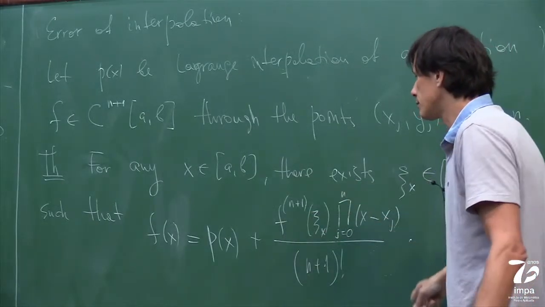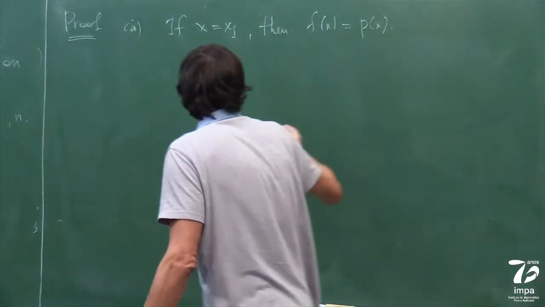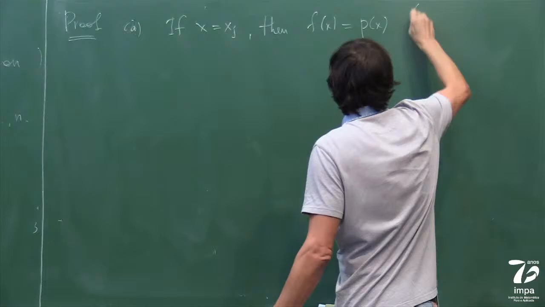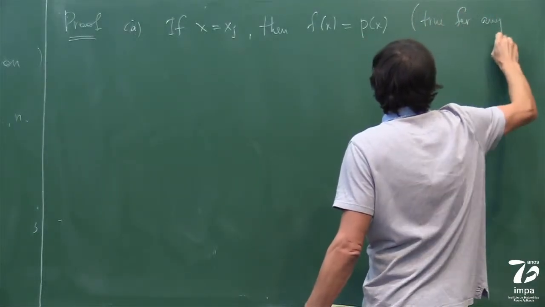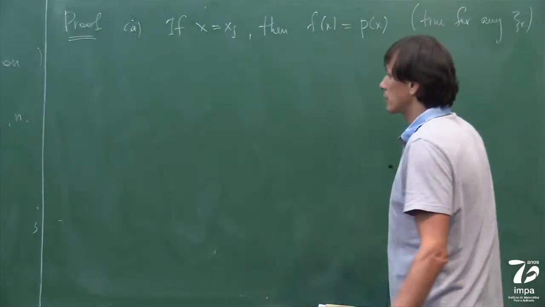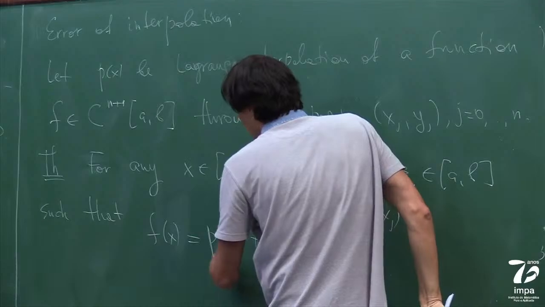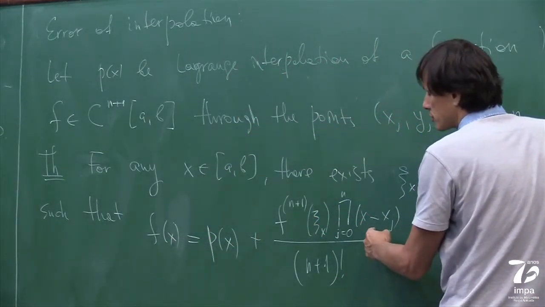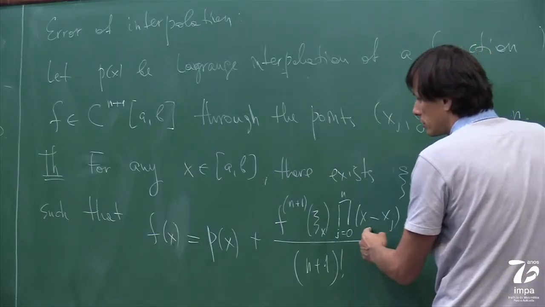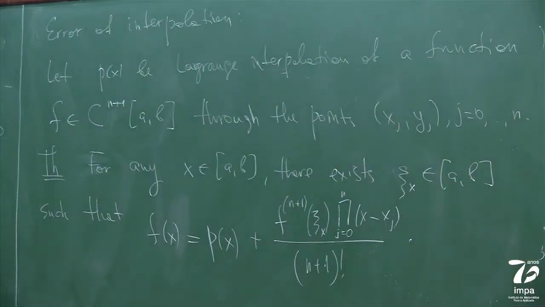This is true for any xi, because whenever you substitute exactly an interpolating point, then the product is 0 because there is one 0 term here, and they are equal by construction. So this is just trivial.